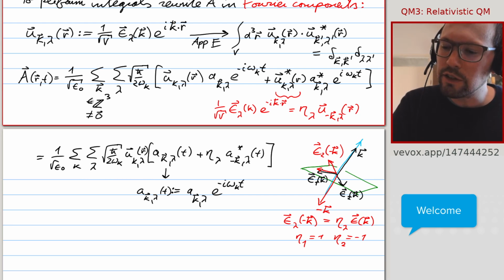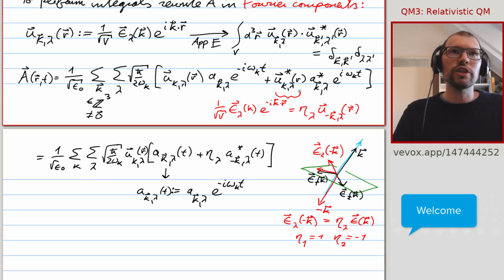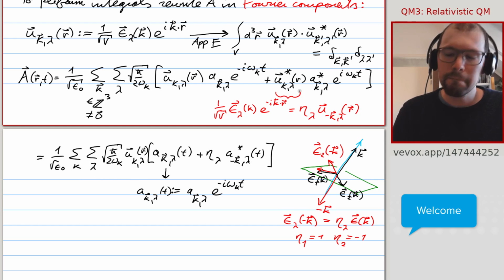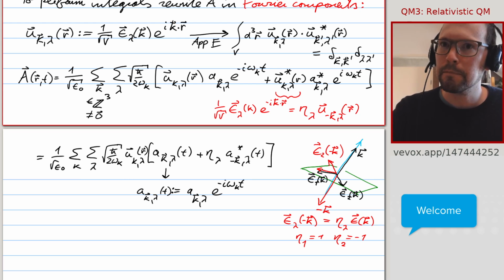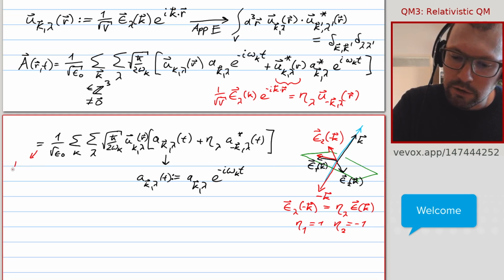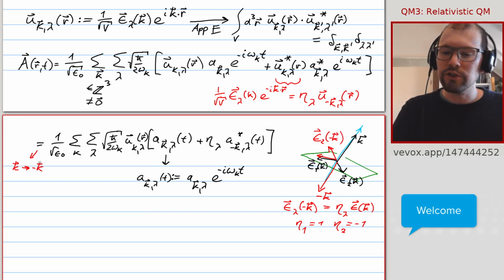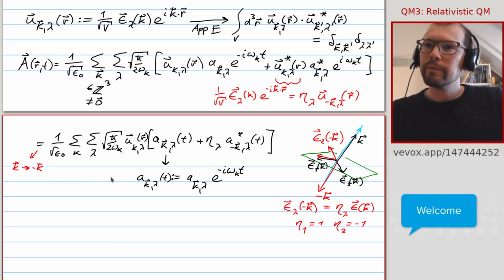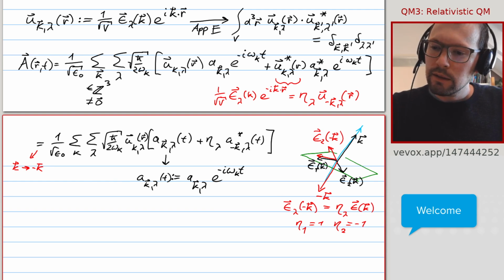So both signs are included there, so I can simply change the summation variable from k to minus k. Let me just write it here for reference. I'm using the reparameterization k to minus k.